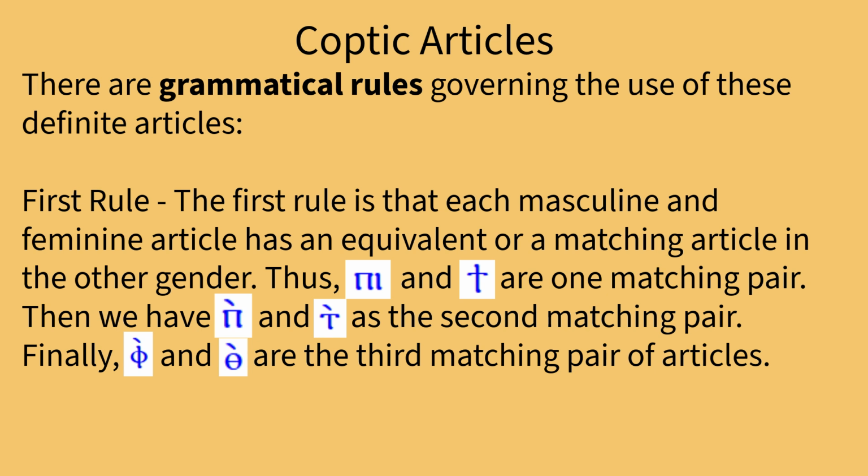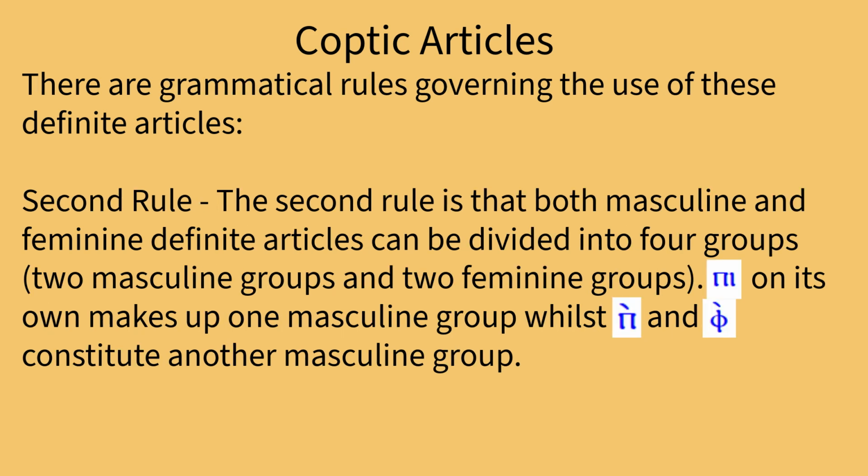So ab being masculine and at being feminine. And of course, these 2 are the third matching pair of articles. We now move on to the second rule. The second rule is that both masculine and feminine singular definite articles can be divided into 4 groups, 2 masculine groups and 2 feminine groups.